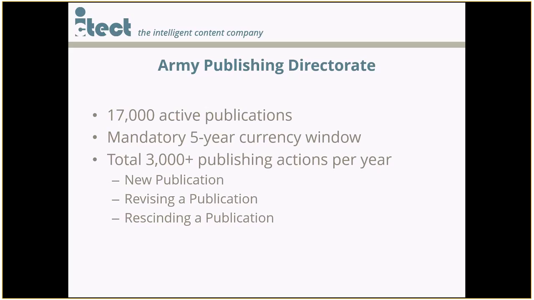So in a year, they have about 3,000 publishing actions that they are supporting. And there is a mandate that a publication cannot go longer than 5 years to be current. If it's gone 5 years without recertification, then it's obsolete. So they have to make sure that they keep updating them.